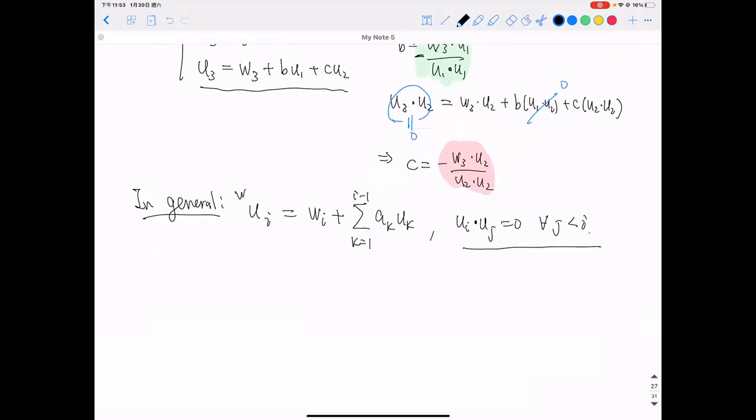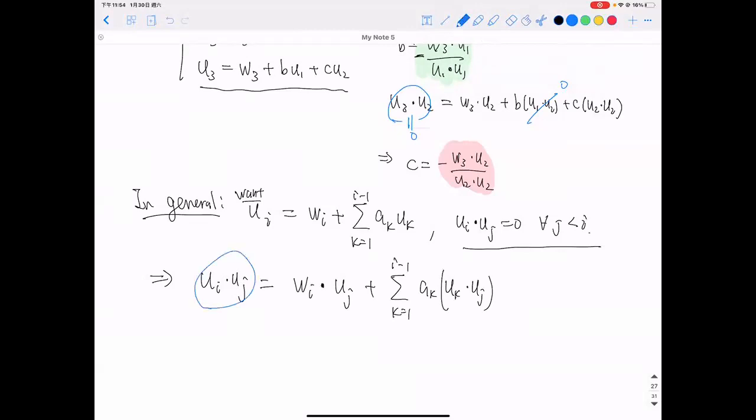Okay, so this is what we want. And if that's what we want, then we get the following. When we dot the equation for Ui with Uj, we get Wi dot Uj plus the sum of A_k U_k dot Uj, and then we can just proceed like what we did before.